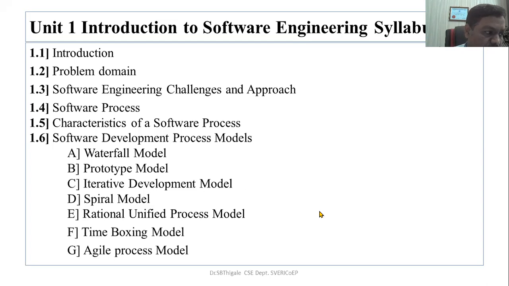Suppose I am thinking to work on a project. To develop the project, you need to follow the process, and when you follow the process, the result will be in your hand. We call it a product, or maybe a service.